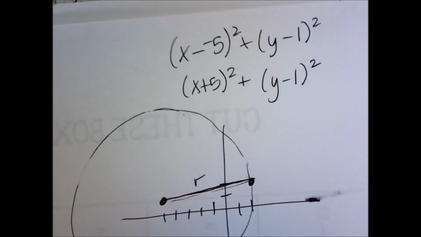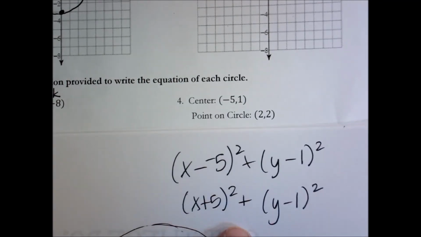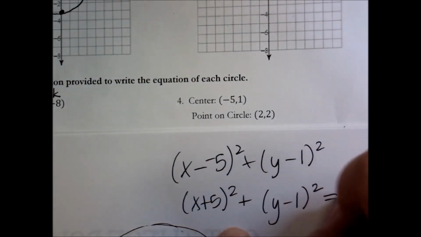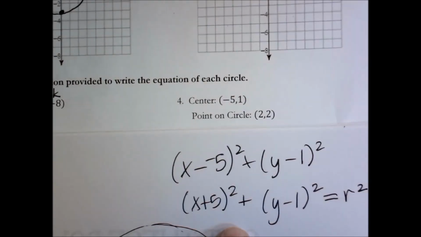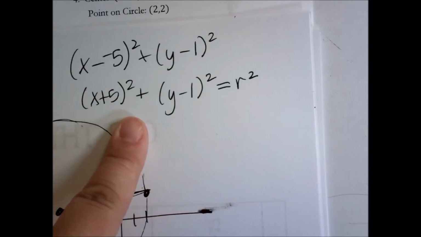So what I'm going to do is take what I've got so far for that equation, which says, oh, I don't know what R is, so I'm just going to say it equals R squared. And I'm going to take that point on my circle and plug it in.